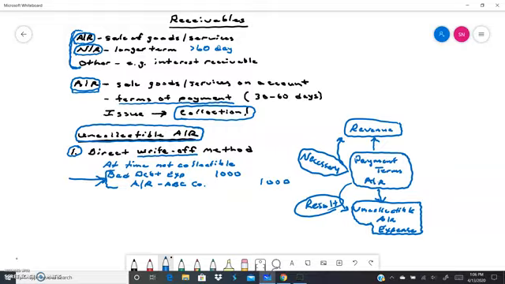And if we think about expenses and revenues, remember the definition of an expense is costs necessary to generate revenue. That's our definition of an expense.